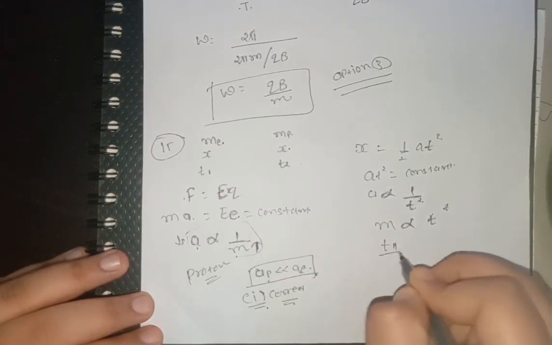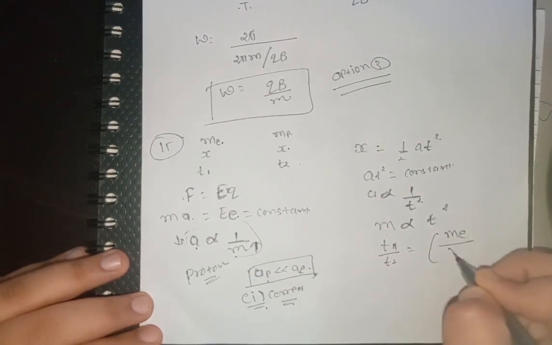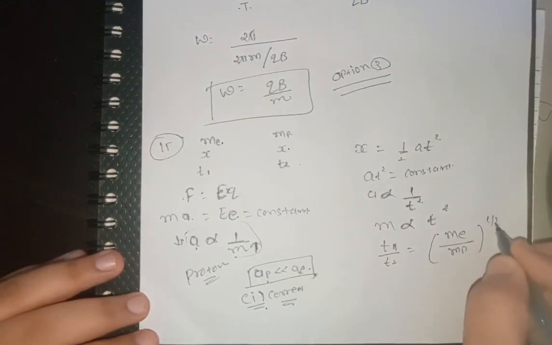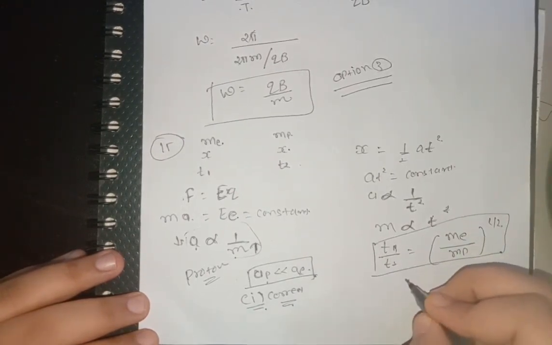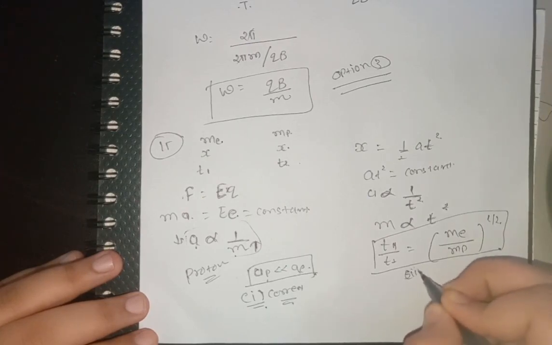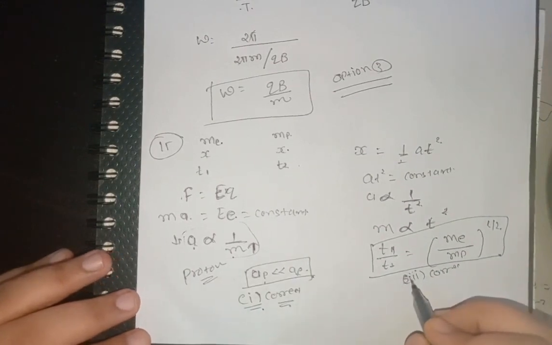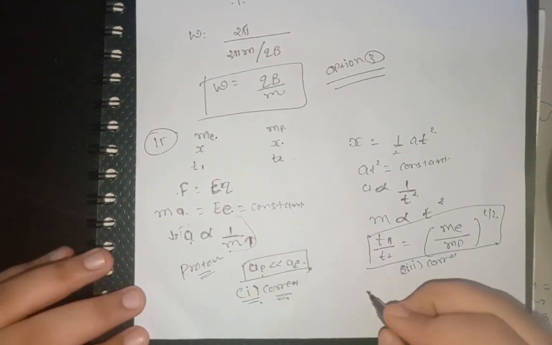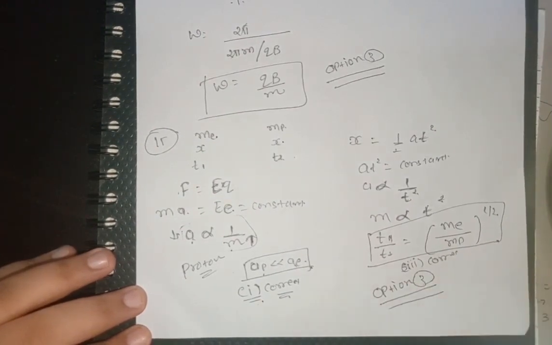So t1 by t2 is equal to mass of electron upon mass of proton whole power 1 by 2. So option 3 or statement 3 is also correct. Statement 1 is correct and statement 3 is correct. So option 3 will be the correct option.